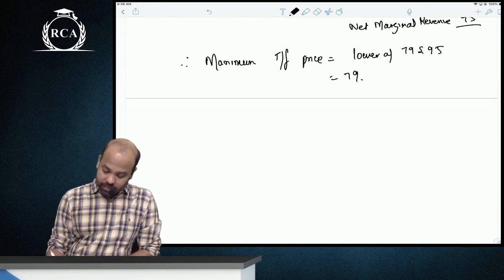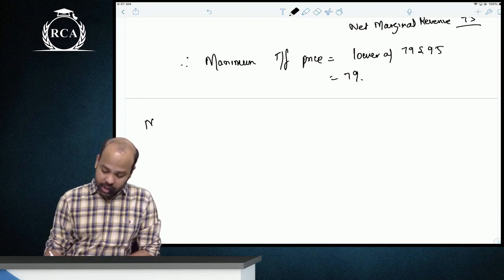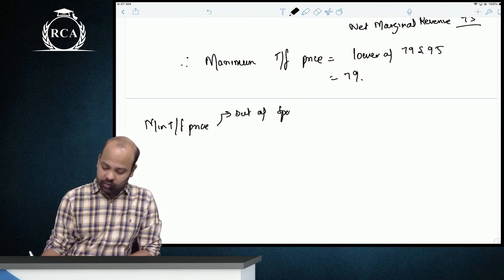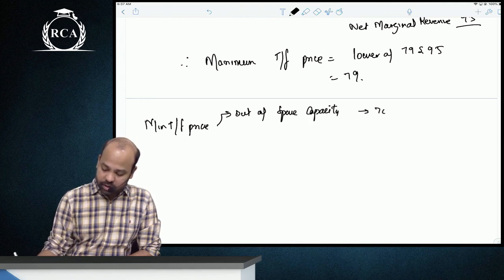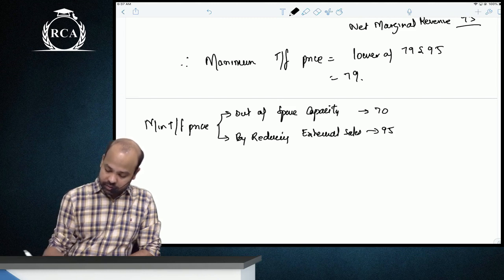Now after combining the minimum and maximum transfer prices, what did we get? Minimum transfer price out of spare capacity, we got 70 rupees. Yes or no? Yes, sir. And then by reducing external sales, we got a minimum transfer price of 95.